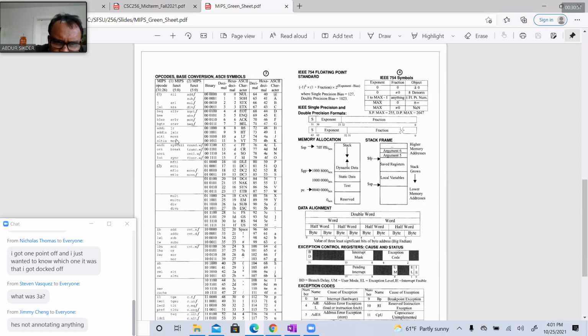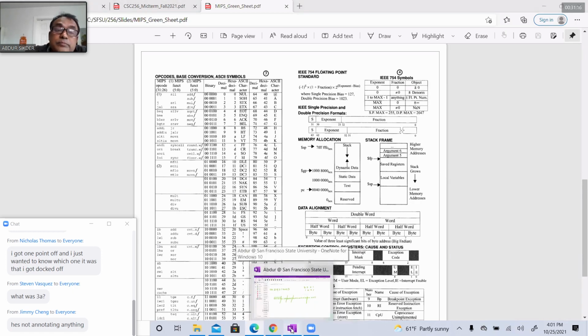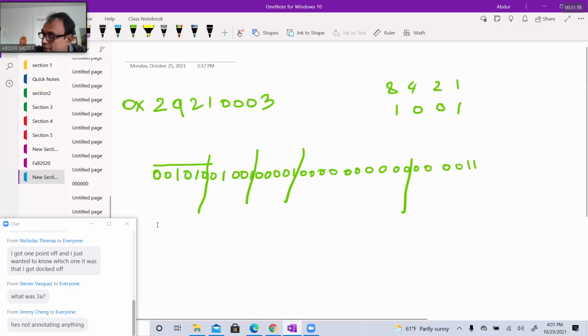Here, SLTI, 0 0 1 0 1 0, decimal 10. This is binary 10, and SLTI. So this is how you find it from here. So this becomes SLTI.